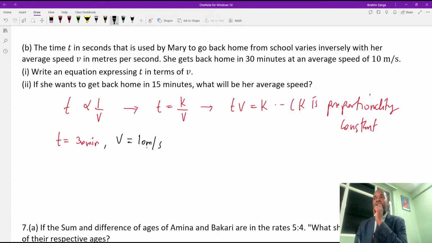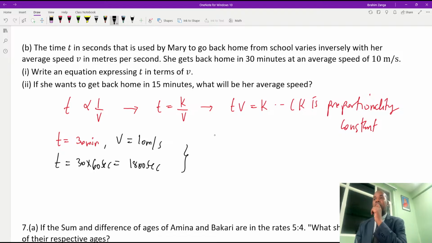We can actually just proceed calculating here, but it's better we avoid mixing minutes and seconds. So t here can be converted to seconds, and that is 30 times 60 seconds. Eventually you get 1,800 seconds.